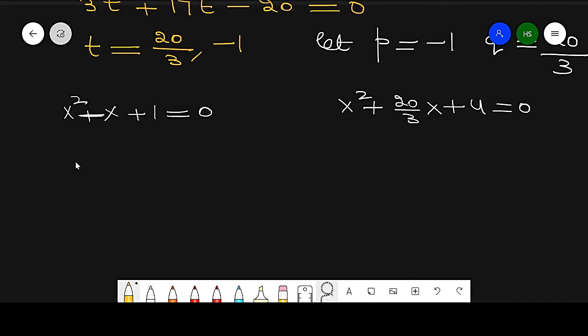Now simplify these equations. So this is x^2 - x + 1 = 0.